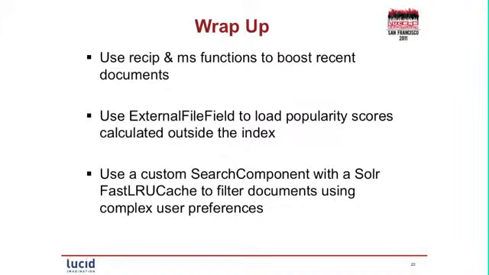In my case, I wanted documents to be heavily penalized and ramp down very quickly, so I worked with the recip parameters. For popularity, we learned that Solr has the ability built in to load data that's computed outside the index whenever you need it, and we use the external file field to load popularity scores.